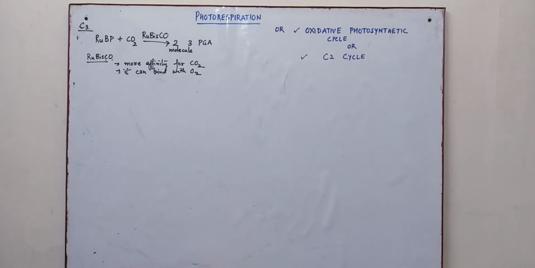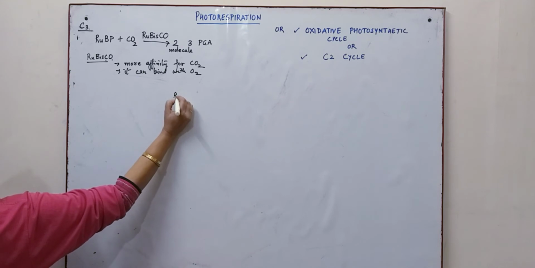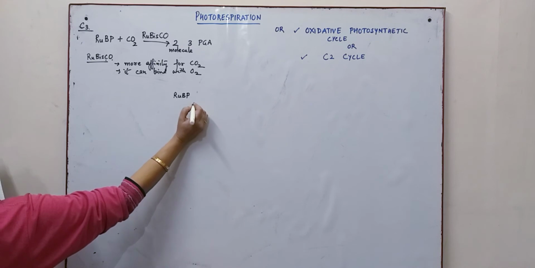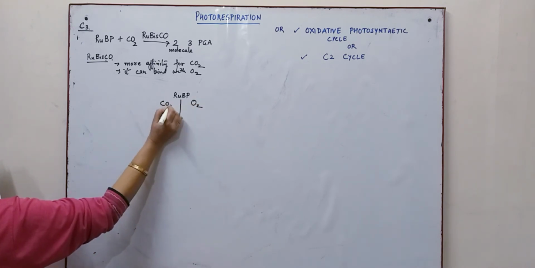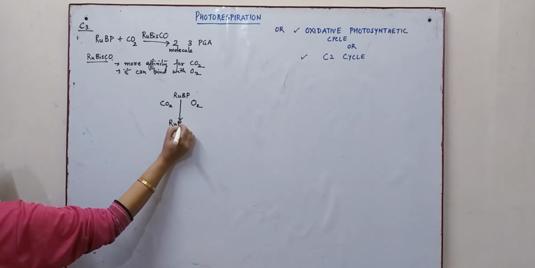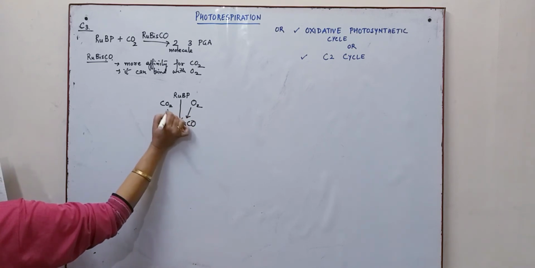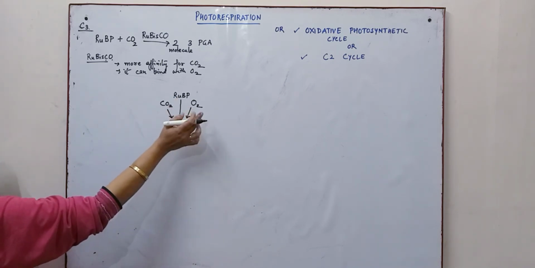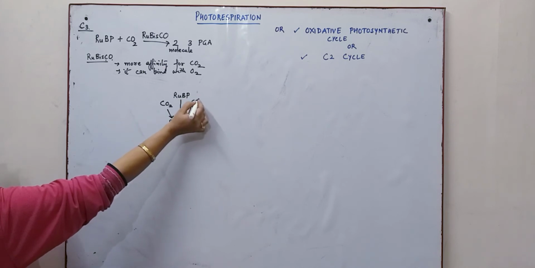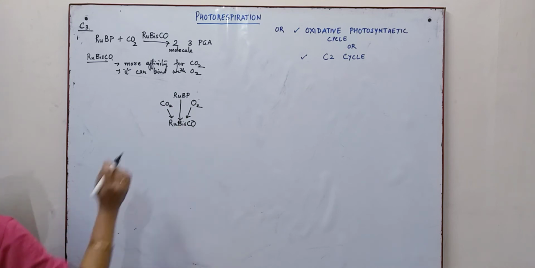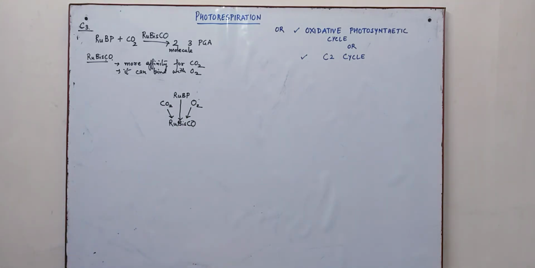So if we see over here, the RuBP has an active site, and both oxygen and carbon dioxide are available. So in the C3 cycle, some of the oxygen combines with RuBP with the help of the Rubisco enzyme.